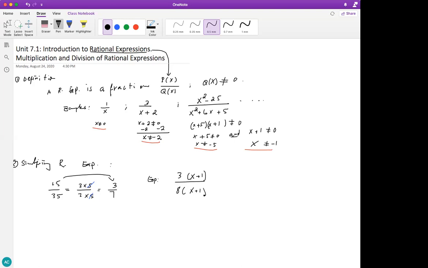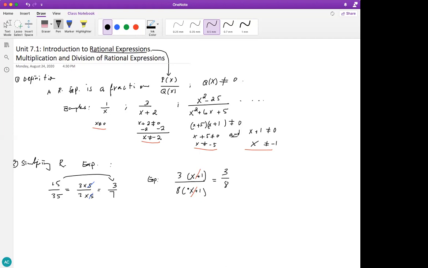So let's say you want to simplify this rational expression. What happens to this expression to be simplified? X plus 1, x plus 1. That's right. So these cancel out, and what's left is just 3 over 8.